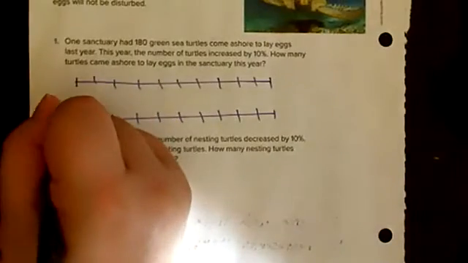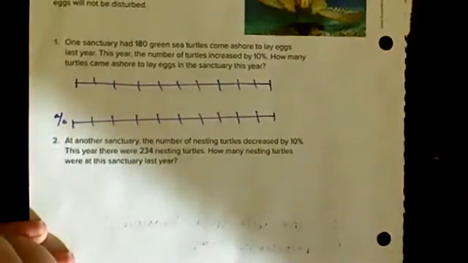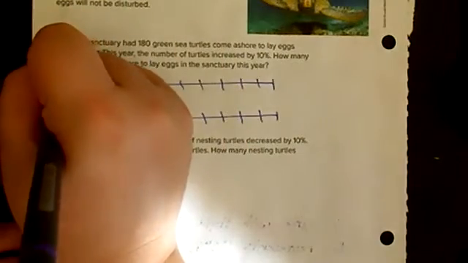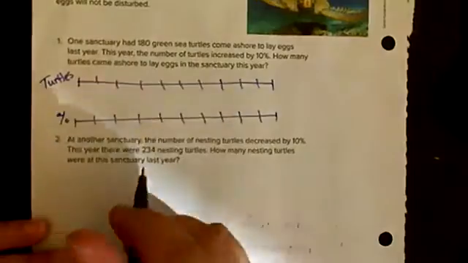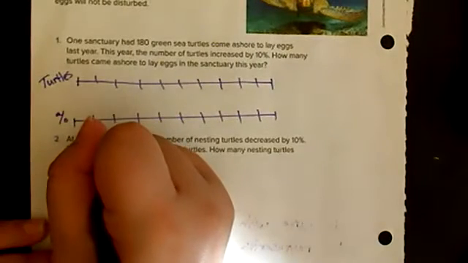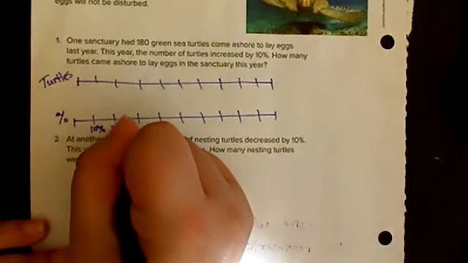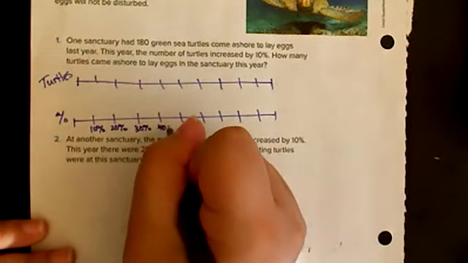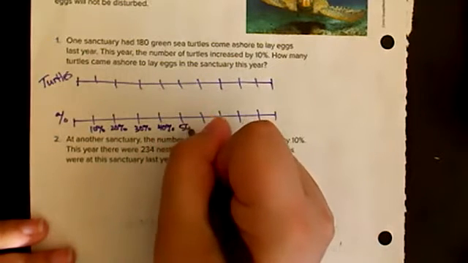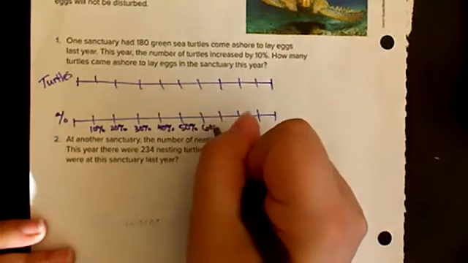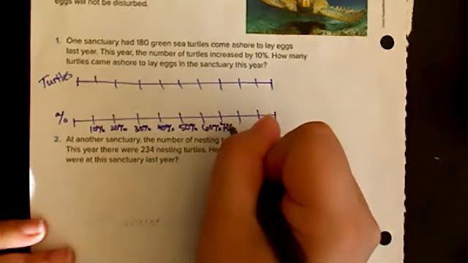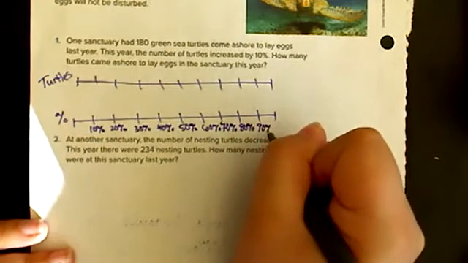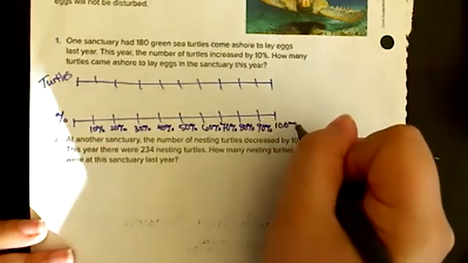All right, so down here is where we're going to do our percents. And up here, we can put turtles. So let's go 10%, 20%, 30%, 40%, 50%, 60%, 70%, 80%, 90%, and 100%.